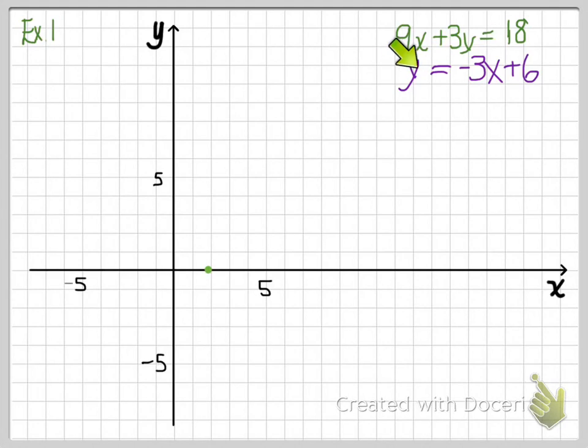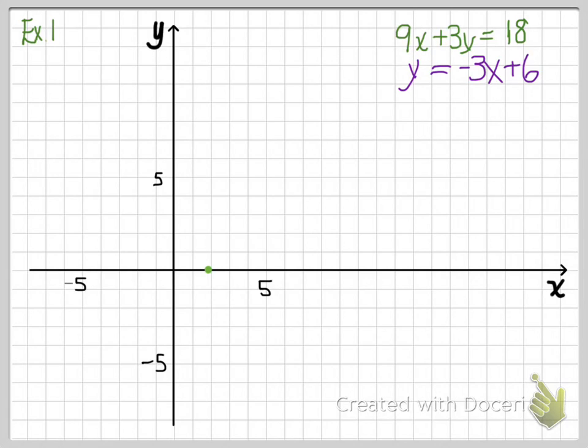So now let's look at this equation again, and if we cover up this, because putting in 0 for x is going to tell me where this line crosses the y-axis. So I'm going to put in 0 for x, and I get 3y equals 18, so y must equal 6.